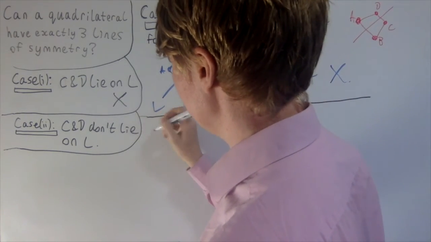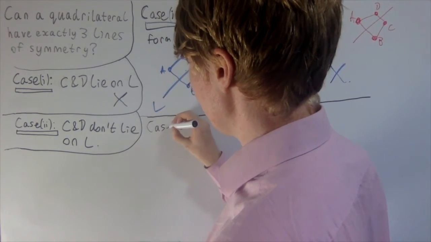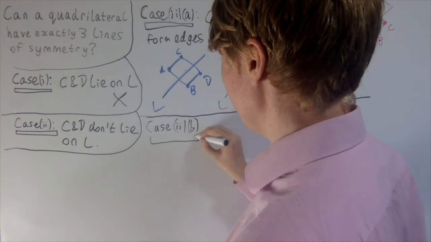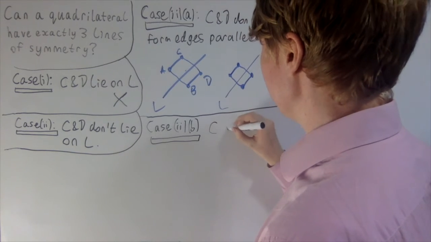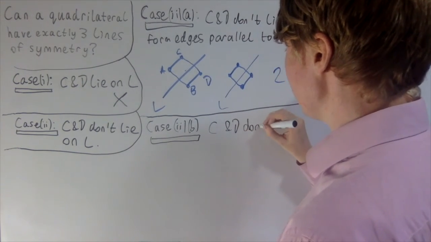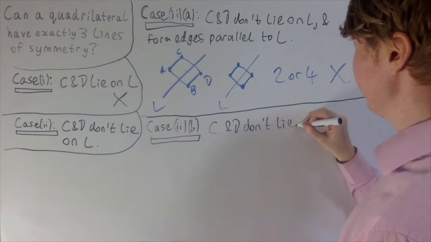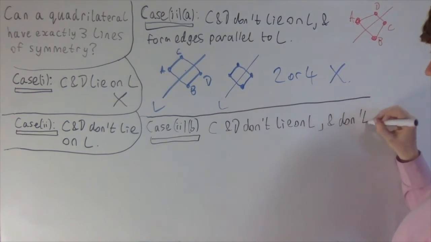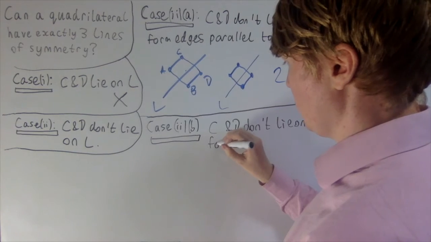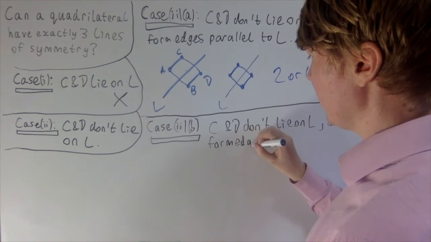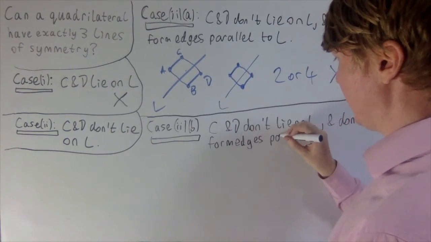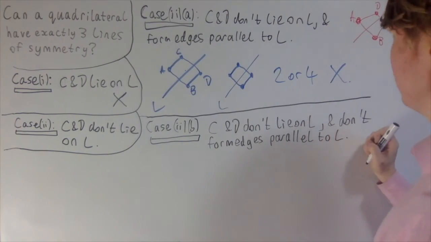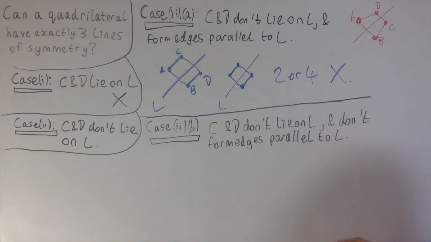So let's write this out. Case 2B, so this is, once again, C and D don't lie on the line of symmetry L, and don't form edges which are parallel to L. So you get some sort of picture kind of like this.